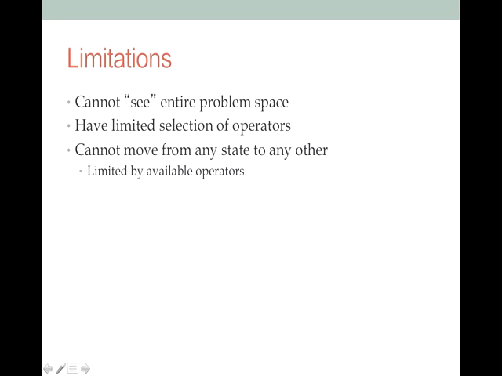We can't see all of the options available to us, and this theory assumes that we could. People are not always the brightest, so we might have a limited selection of operators. Some operators are available to us, some of them are unknown. We can't necessarily move from any one state to another, so we're limited by the fact that we don't know what all of the operators are.